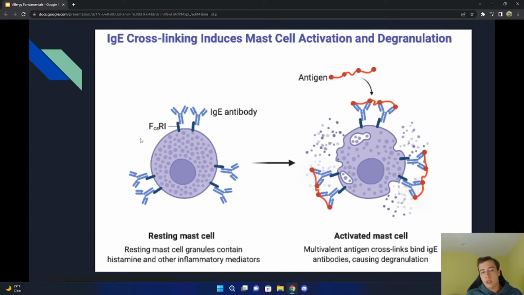So what happens is these IgE antibodies bind to mast cells, and they become activated when you're exposed to an allergen, such as eating or breathing in pollen.